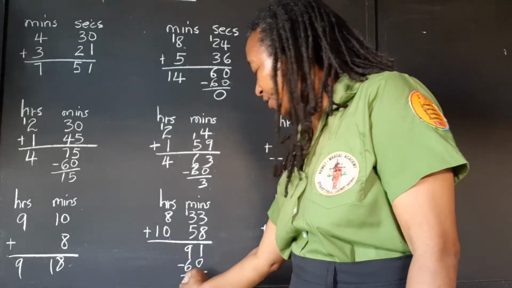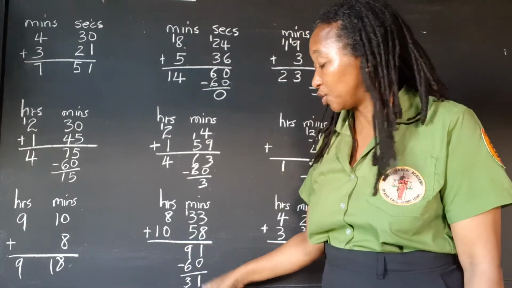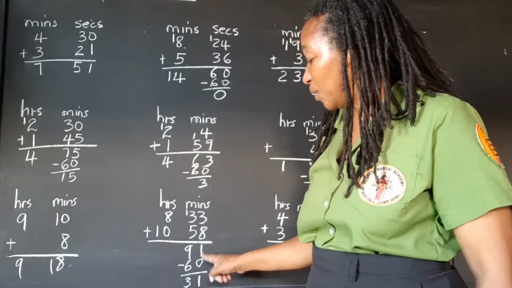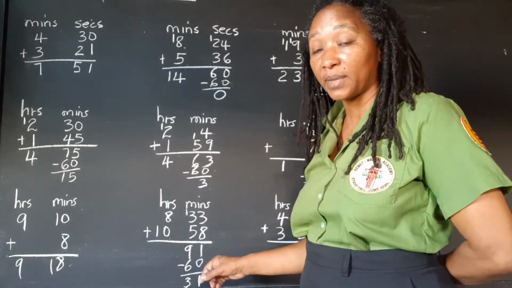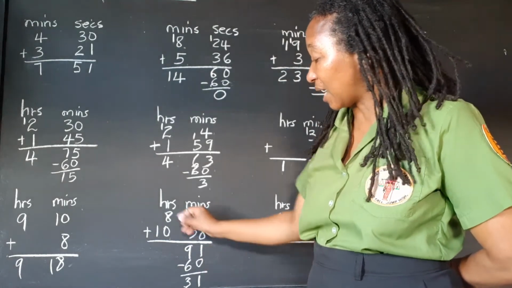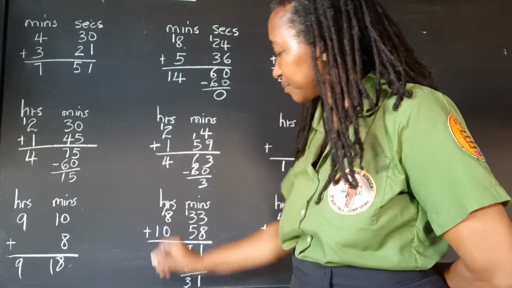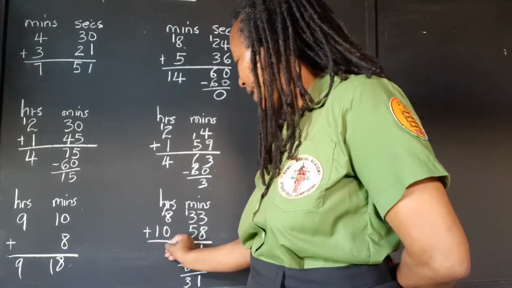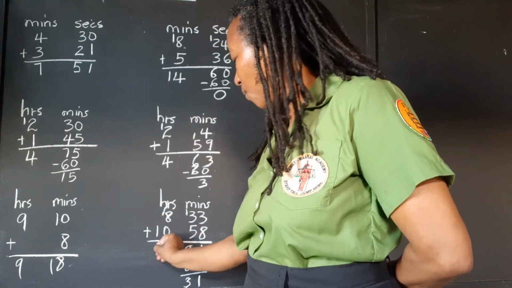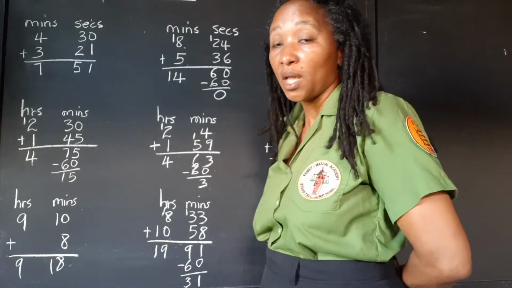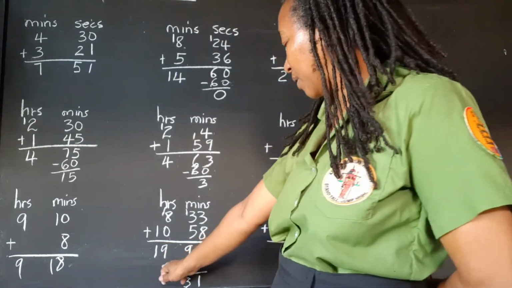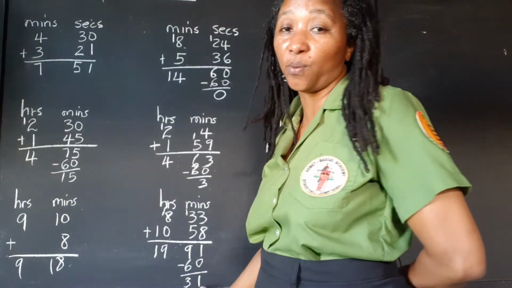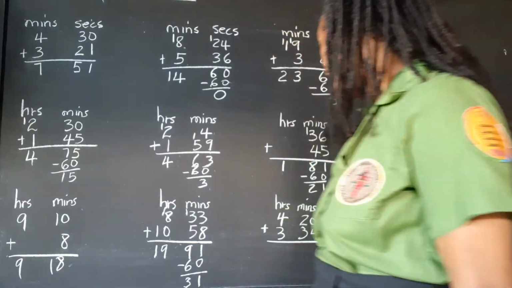We're left with 31 minutes. So now we're good in the minutes, but we just have to remember to take this 60 minutes and bring it over here as 1 hour. So 8 and 1, 9, and 1. Okay? So that's 19 hours and 31 minutes.